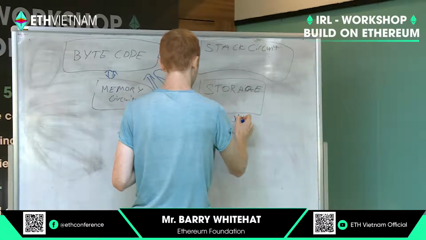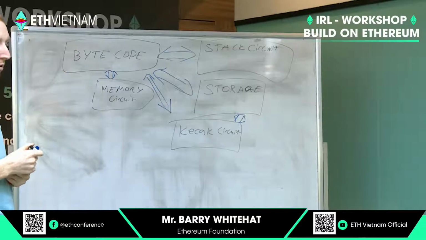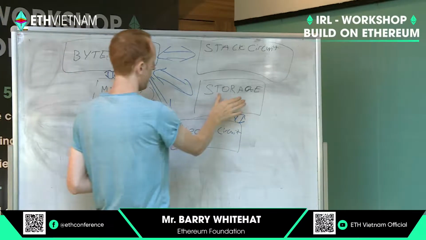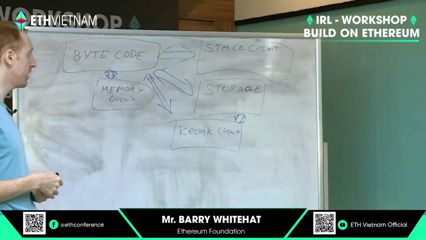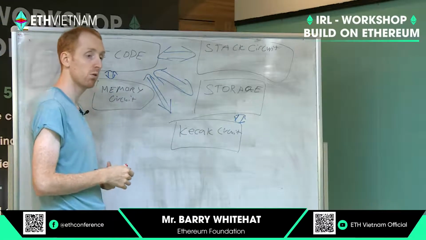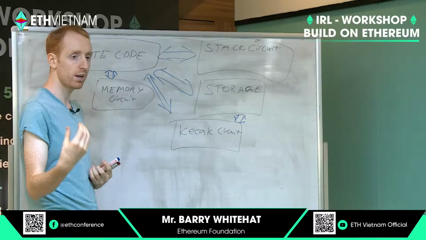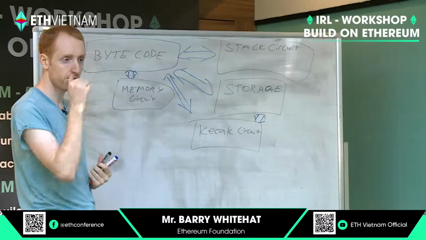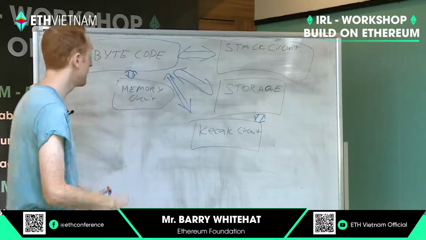And we need to connect Keccak to the storage as well as to the bytecode circuit, because the storage circuit ends up doing some Merkle-Patricia tree proofs, and that means that we connect the Keccak circuit there too. Also, the bytecode circuit needs to perform Keccak operations, so because of that, we connect the Keccak circuit there.